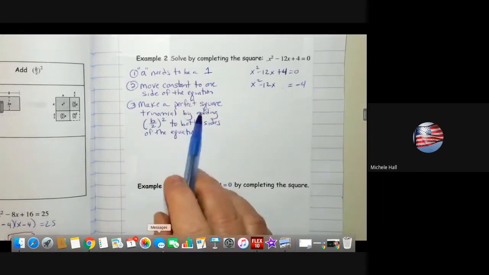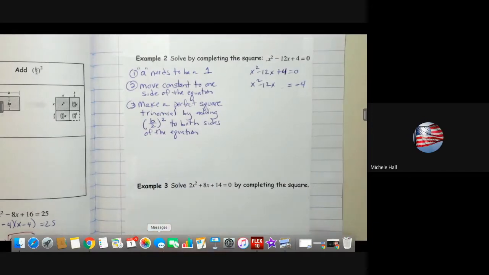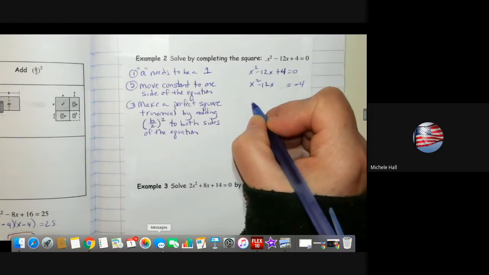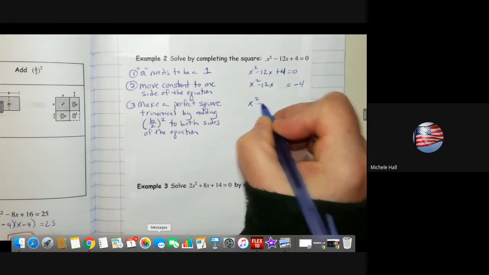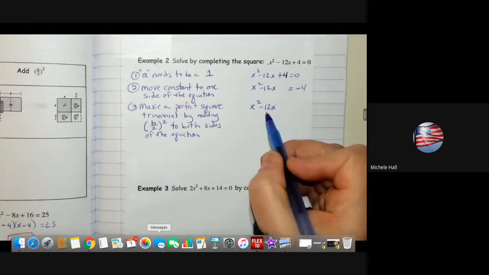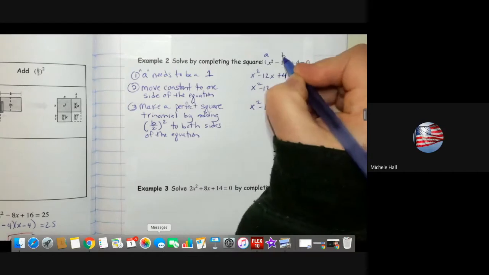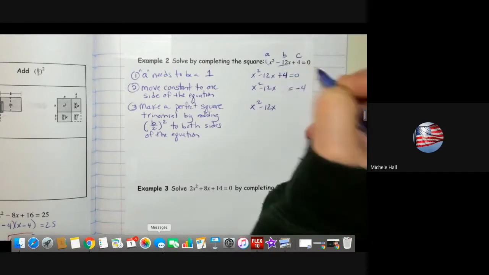Make a perfect square trinomial by adding half of b squared to both sides of the equation. So that would be x squared minus 12x. We need to half the b term. This is b. A is 1, b is negative 12, and c is 4.